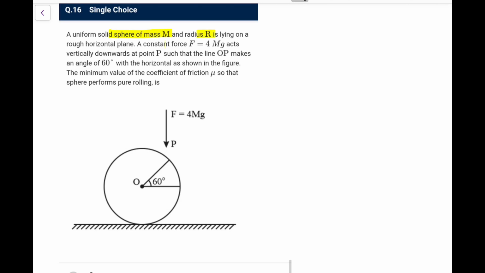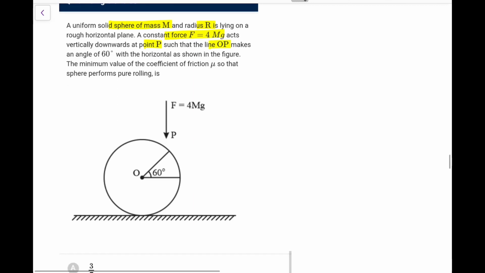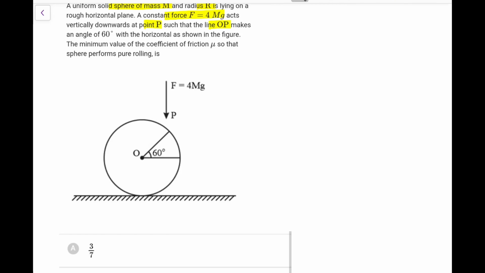A uniform solid sphere of mass M and radius R lying on a rough horizontal surface, a constant force 4 mg acts on it such that it makes an angle 60 degrees with horizontal as shown. The minimum value of coefficient of friction so that the sphere performs pure rolling. Okay, so for it to perform pure rolling, I can apply torque about the point of contact, let's say P. So if I take about P, the torque would be only of this F, that would be equal to F into this distance r cos 60, equal to IP into alpha.